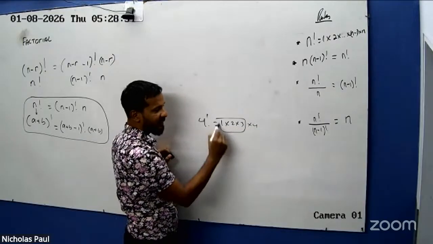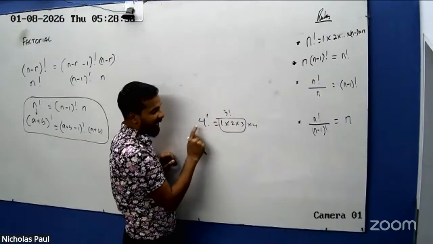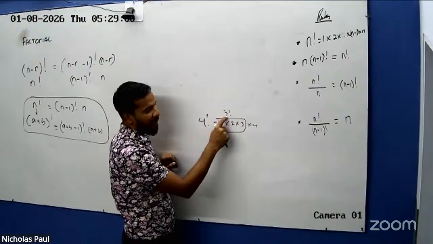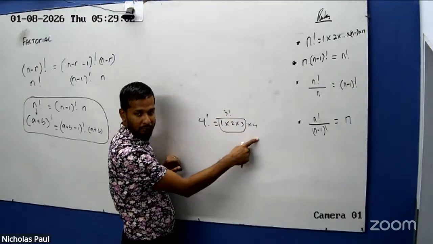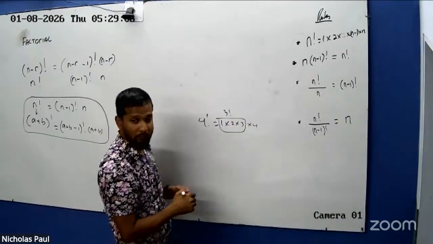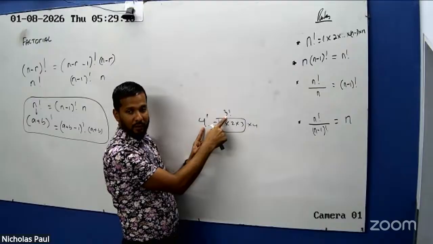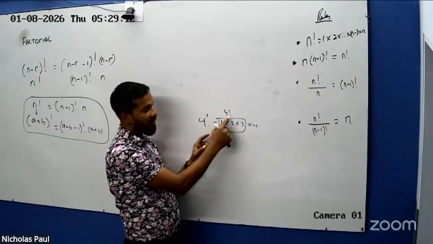This is 3 factorial. So it's always n factorial is n minus 1 factorial by n, because this is n, and n minus 1 is 3.